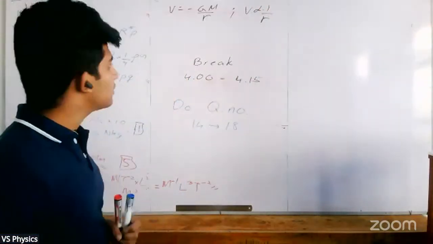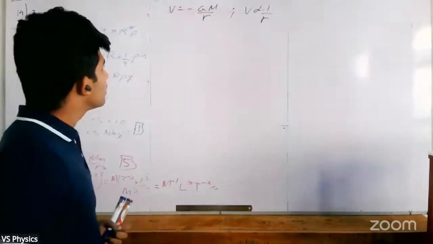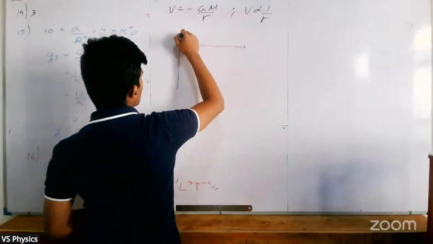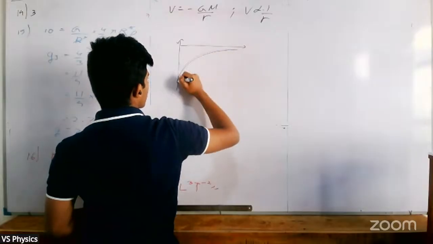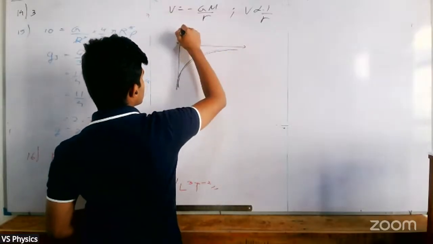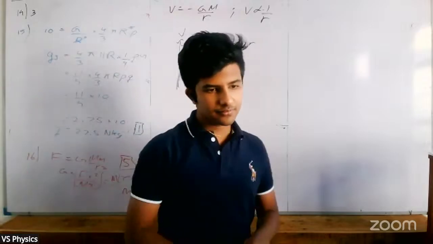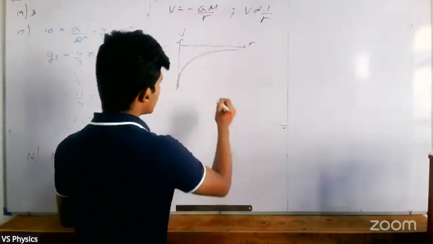So our graph is going to be something like this. This is potential. This is radius. Okay, next one. So that is the second answer.